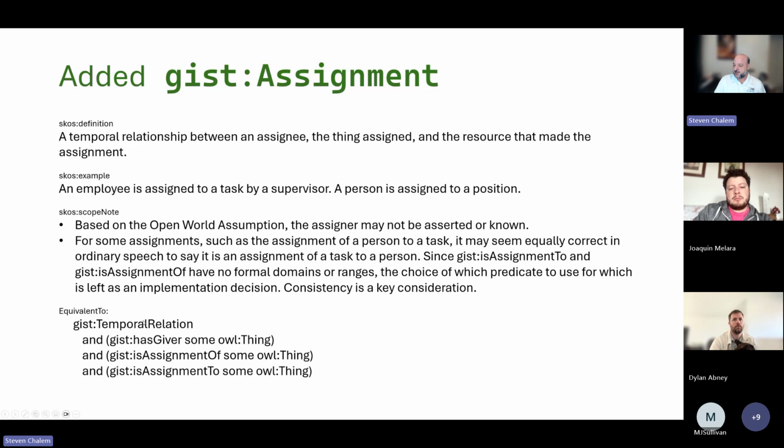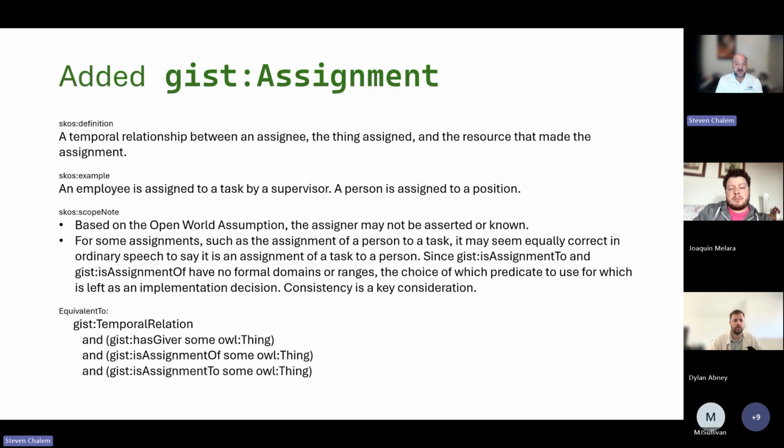So just a little bit of the formal semantics here. It's a temporal relation, meaning that it's potentially applicable within a period of time. So a person's assigned to a project for a certain year, for example. Someone makes the assignment. We use the has giver predicate for that.